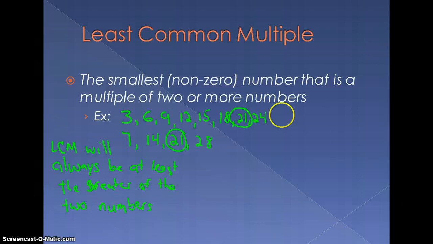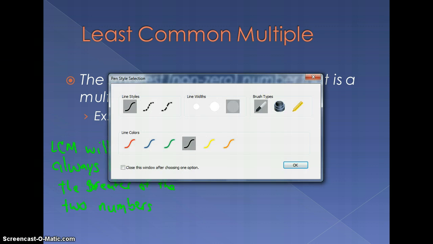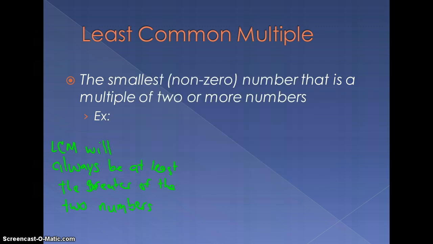Let me erase again this first example. And let's say I gave, let's go with the numbers 4 and 16. So we'd have 16, then 32, then 48, then 64.